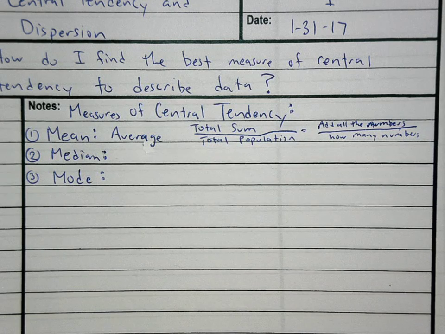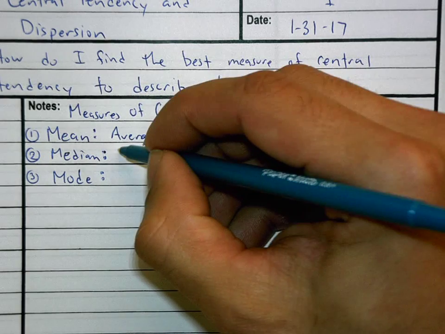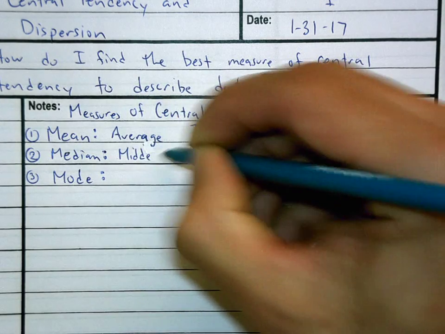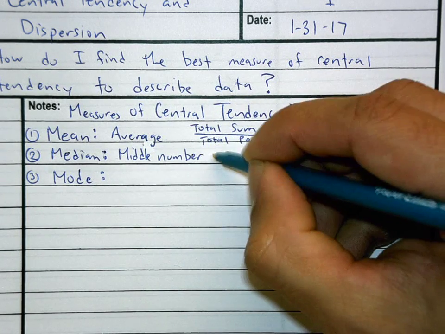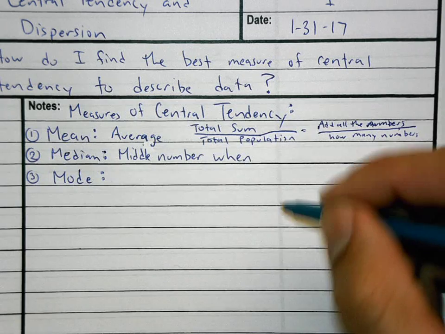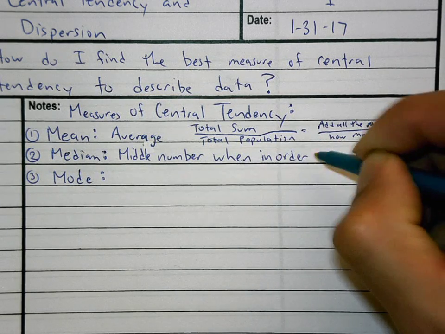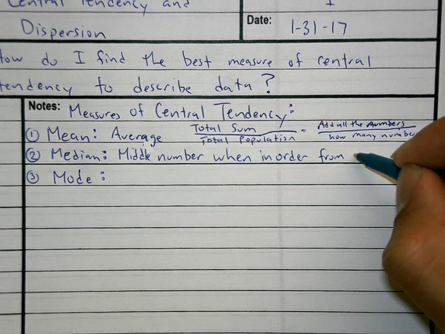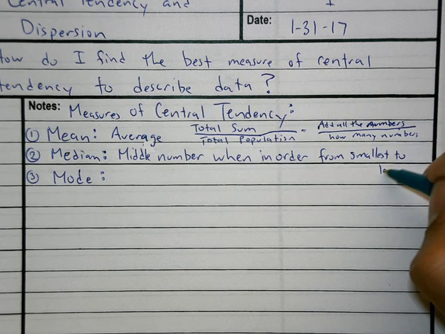The median, on the other hand, is the middle number when in order from smallest to largest.